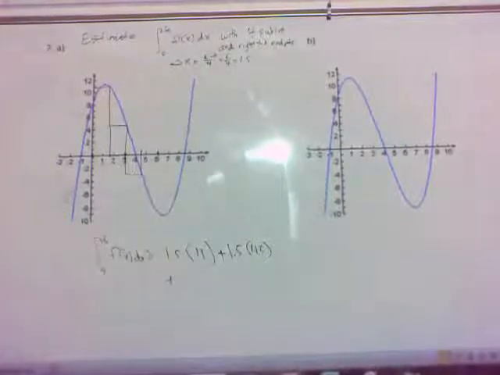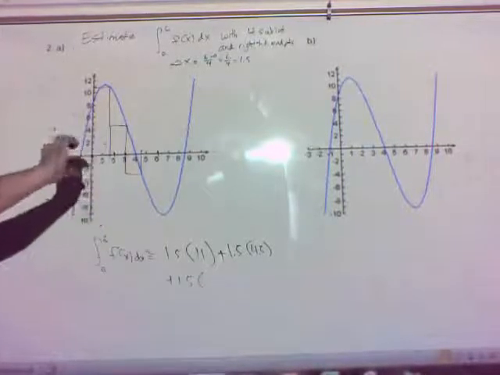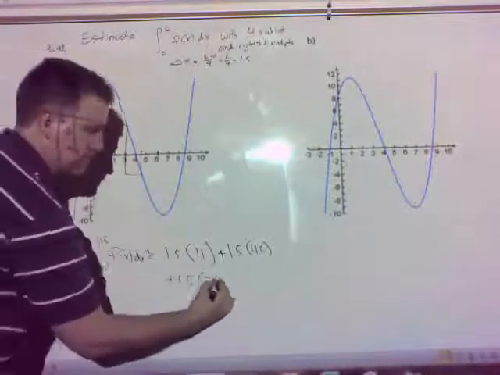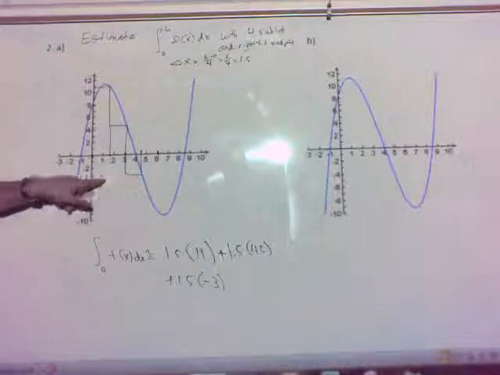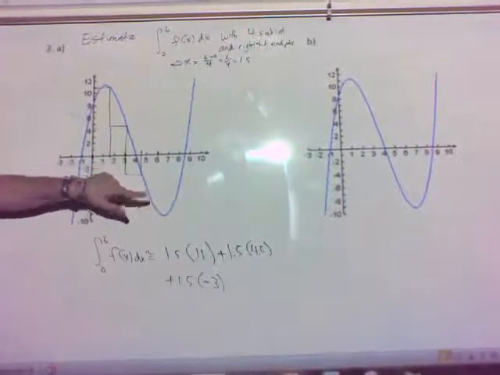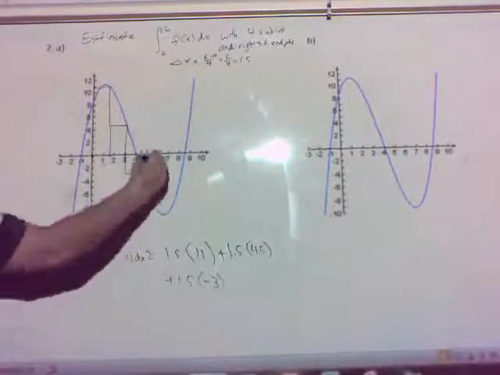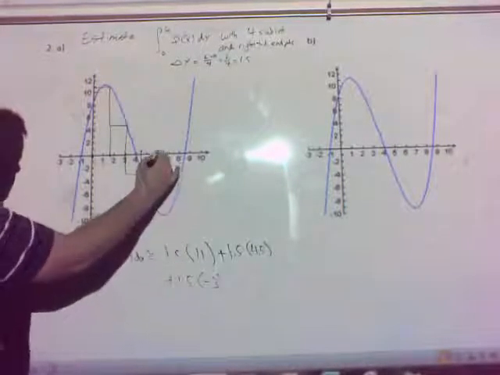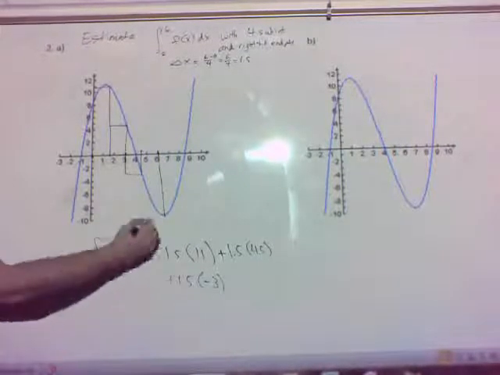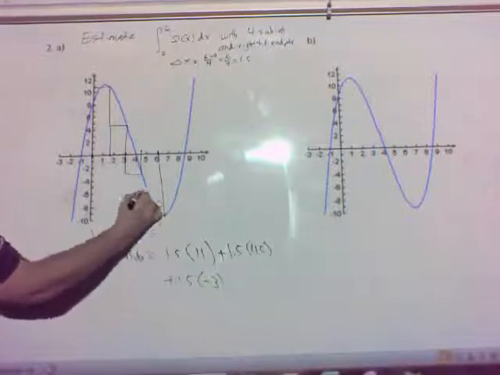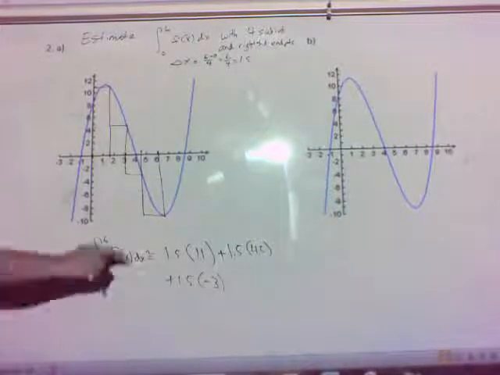So what do you got for it? 1.5 by what? What's the height? -3. Okay? Everybody see where we get that? -3, since it's down here. It's negative. So that's going to counteract the ones that are up here, positives. And then at 6, is that 6 at the bottom? I think so. So the fourth one would be right there.